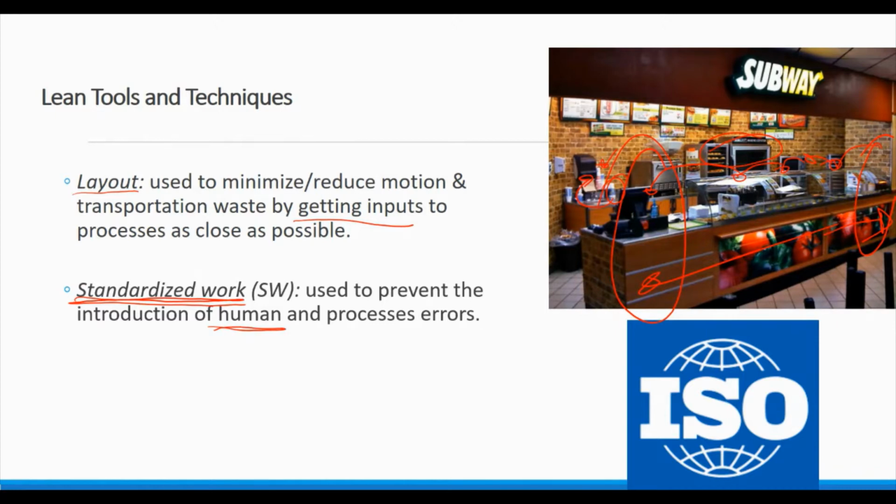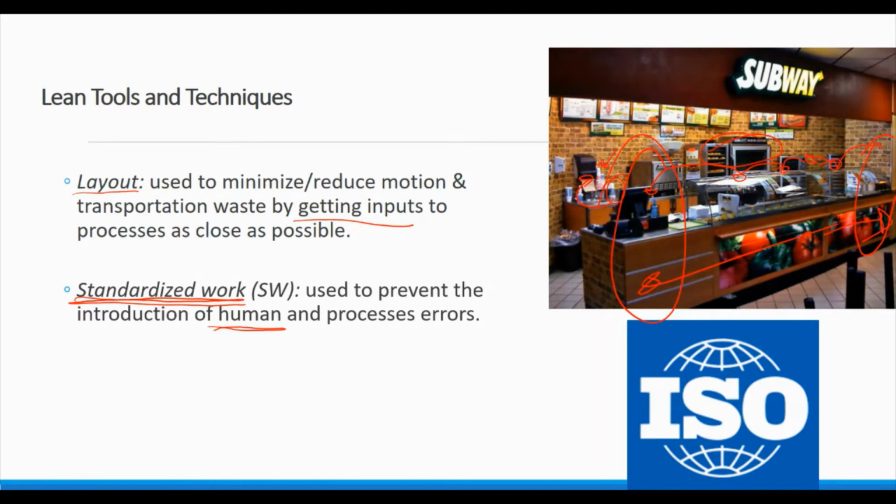Any work that is standardized, where everybody in the organization does it the same way, has already been figured out to be the most efficient way to do it, and therefore everybody knows how to do it the right way all the time, every time.